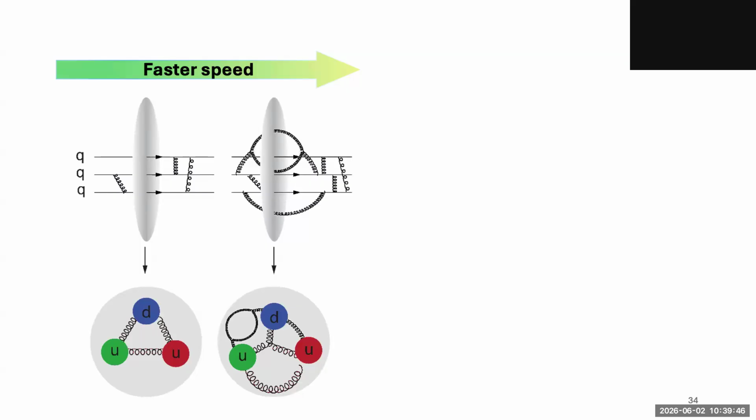As an observer, the proton goes faster and faster, the time dilation kicks in, right? This is like changing the time resolution, the shutter speed. So now the gluon starts to show up. The gluon is actually a short time scale presence. Only when you slow the proton down can you see this fluctuation coming out.